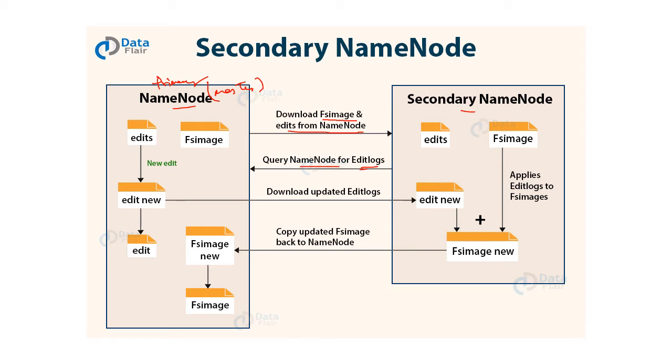That is, if there are any additions in the edit files, it will ask for the new edits and it will download the updated edit logs and copy the updated FS image back to the name node. After doing all the updation, it will copy back the FS image file to the primary name node.